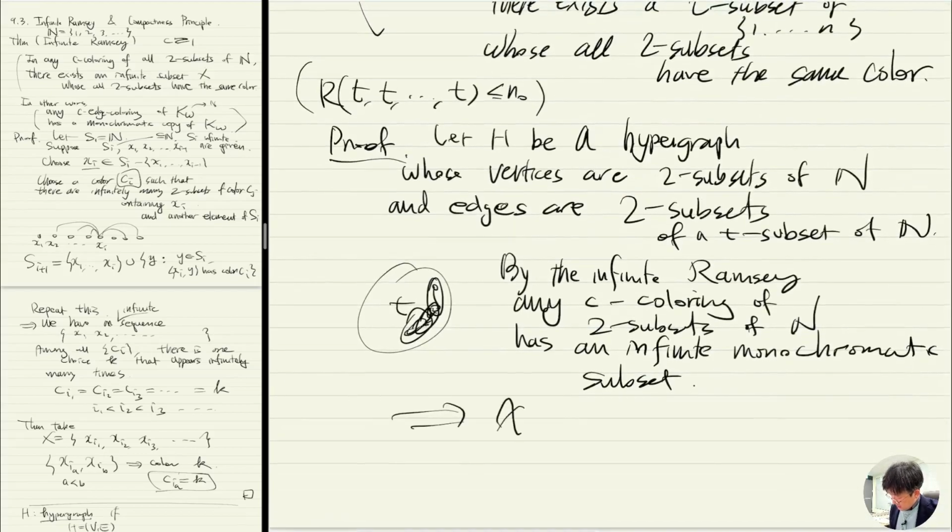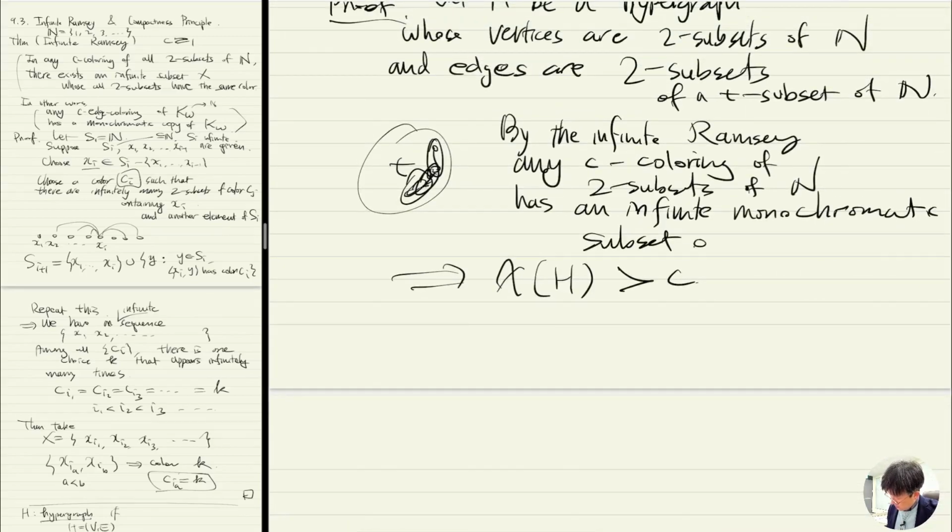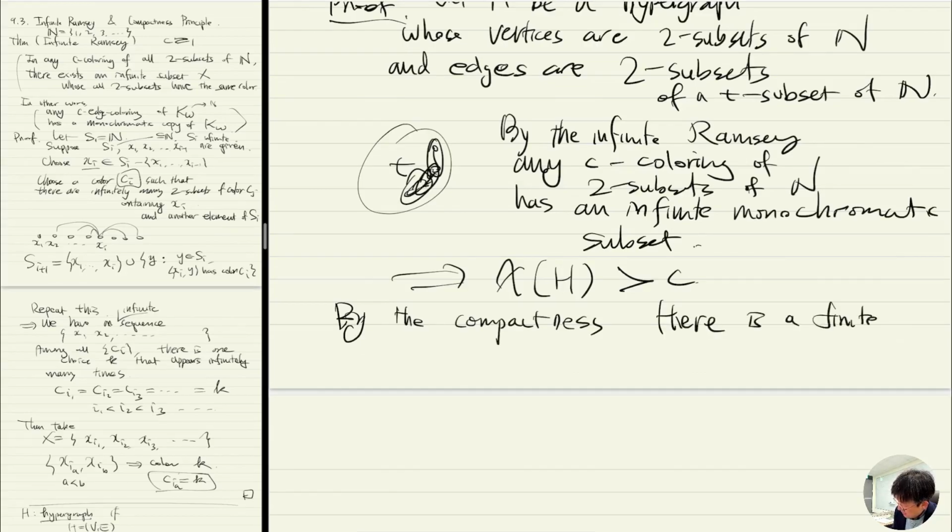This implies that the chromatic number of this H is bigger than C. So by the compactness, there is a finite set W such that the chromatic number of H induced on W is big.